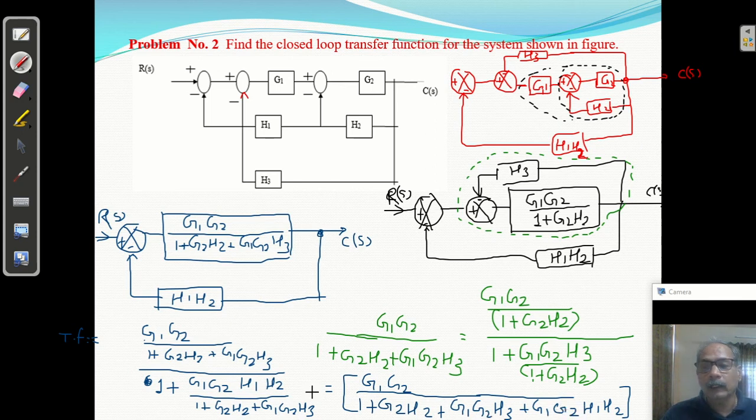That is the final answer. This is the final transfer function of the system. In this way, you can simplify. If you know all the rules related to the block diagram reduction technique, you can simplify it.